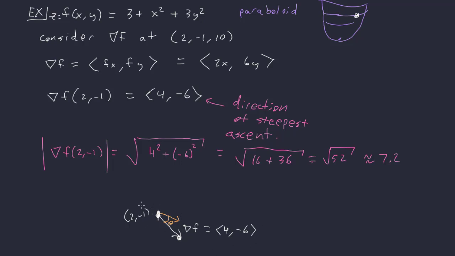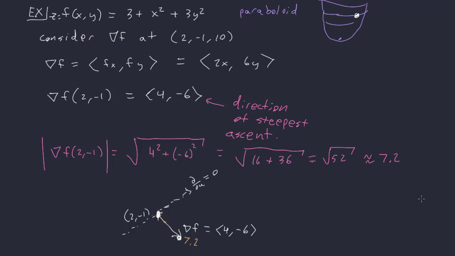So what ends up happening is we know that the rate here is 7.2, and we know that if we're perpendicular to the gradient, we should get a directional derivative of 0. So let's see.